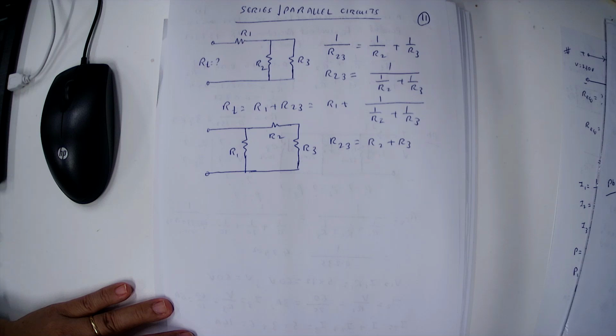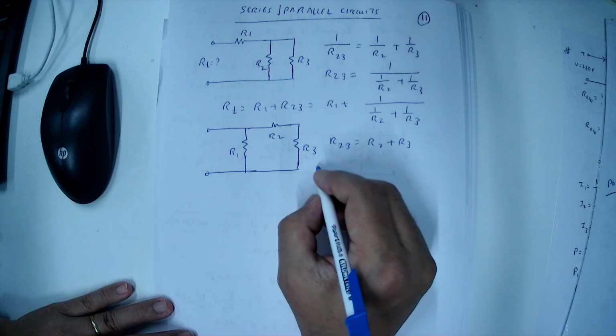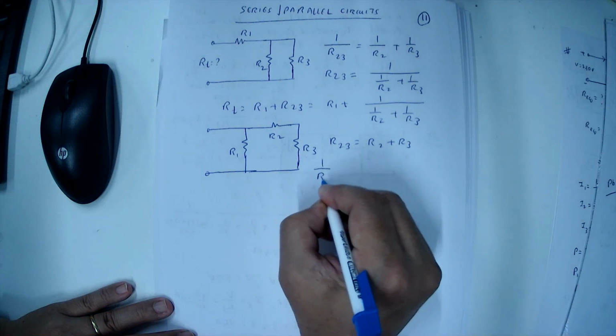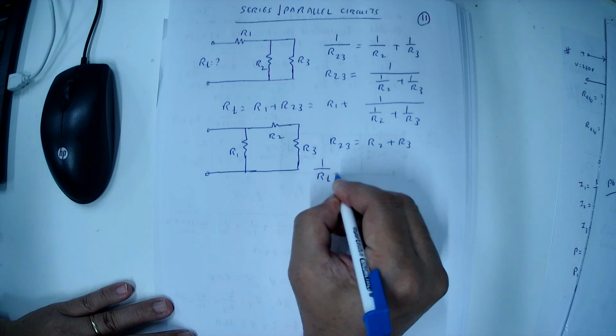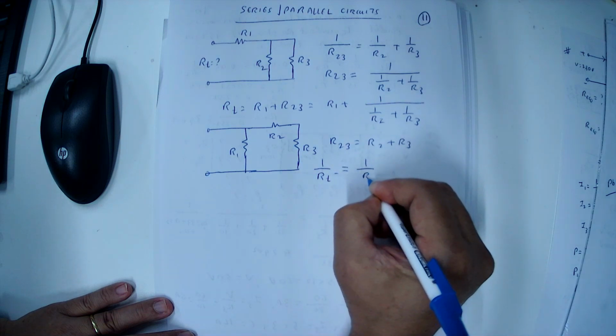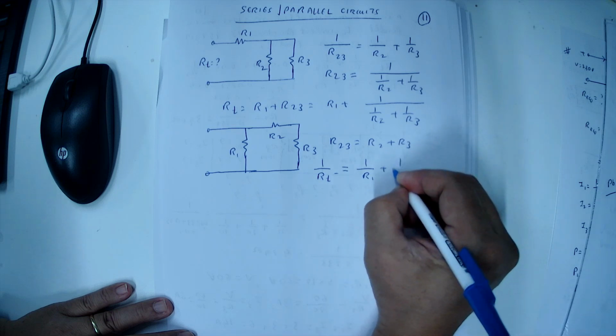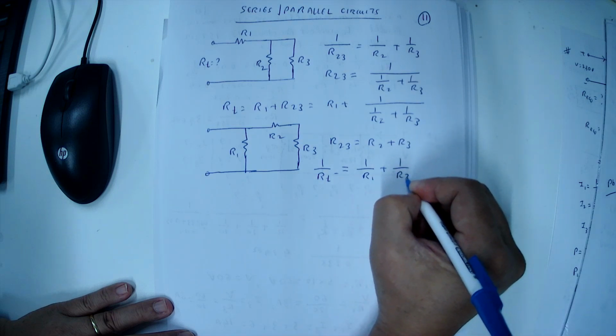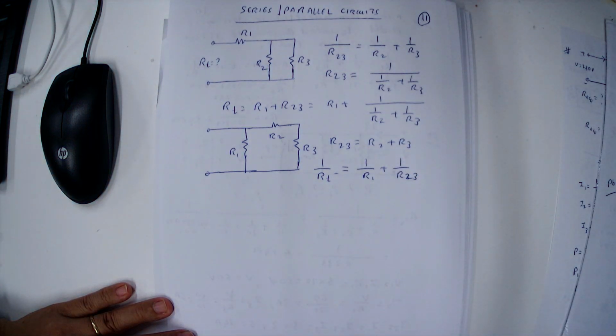Then R23 is connected in parallel with R1. Therefore, the R total can be calculated: 1 by R total equals 1 by R1 plus 1 by R23, because R1 and R23 are connected in parallel.